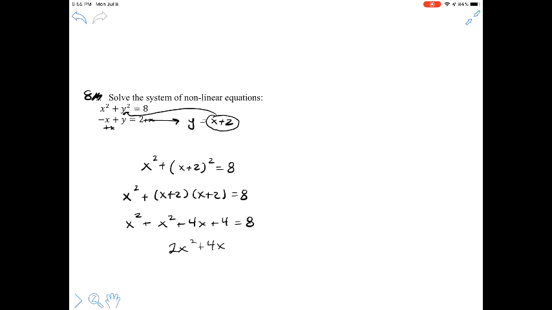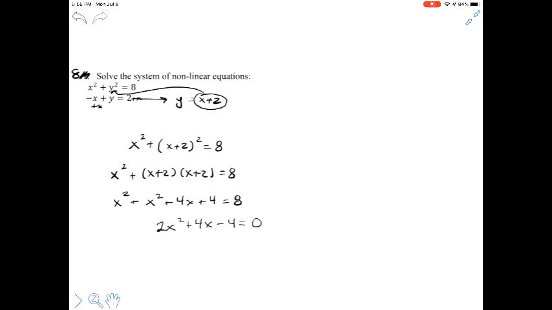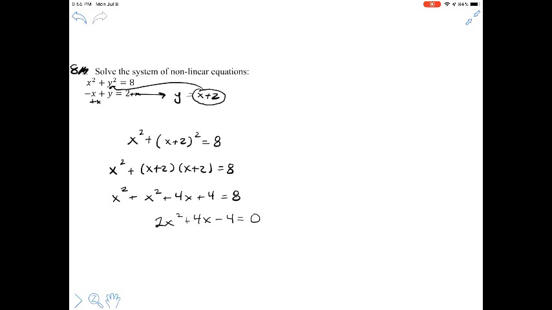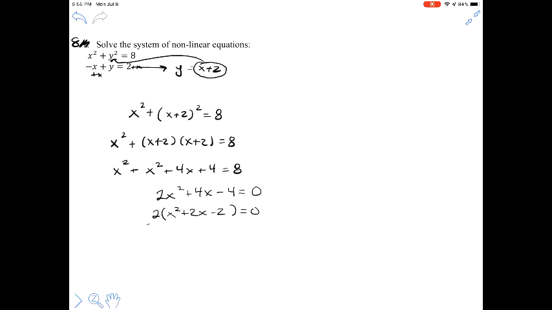And if I subtract the 8, I'm going to get a minus 4 because I want to get one side equal to 0. So now I can factor out a 2. And I can divide by that 2.